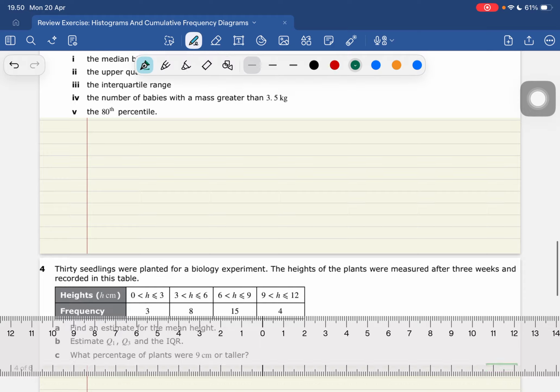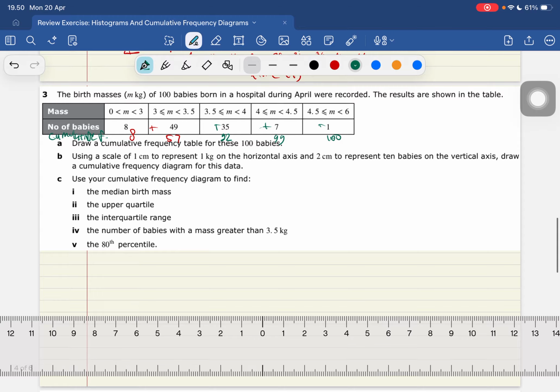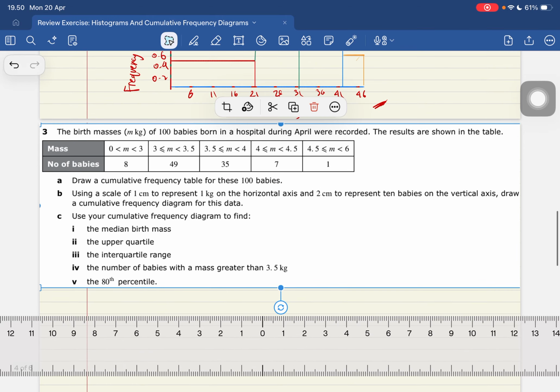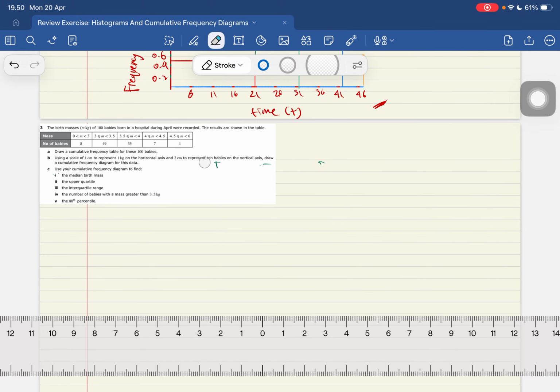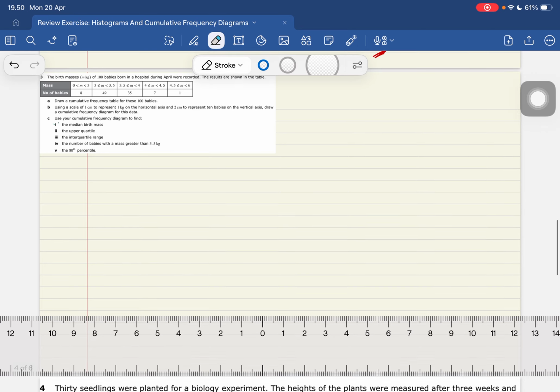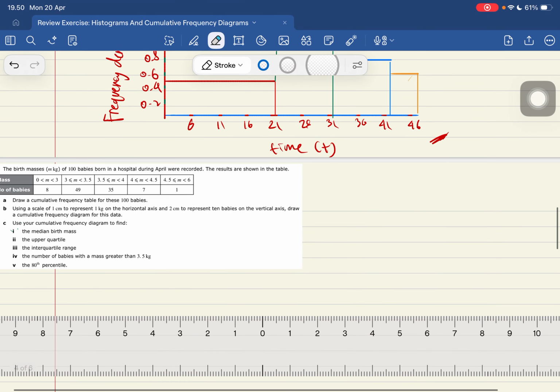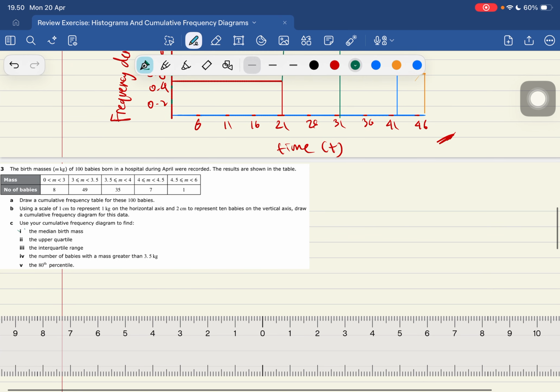So here is the mass, will be enough. I think let's make it smallest. Here's the diagram. Let us rewrite again. So the mass from 0 to 3, and from 3 to 3.5.